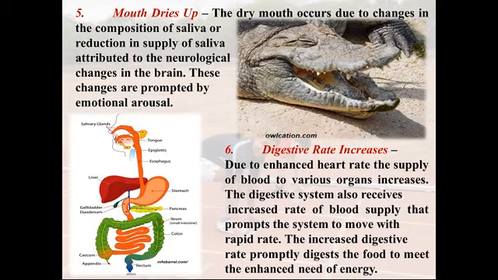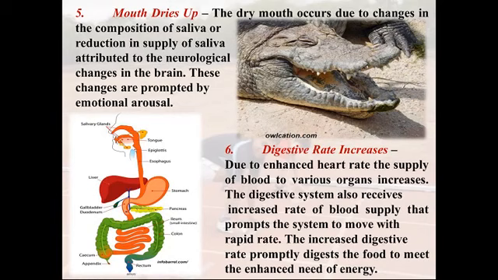As I told you, the sixth part is that the digestive rate increases. The digestive system has to work much faster because the body needs more energy. Whatever undigested food is left in your stomach has to be digested faster to meet the physiological arousal needs, that is fight or flight, for which you need more energy.